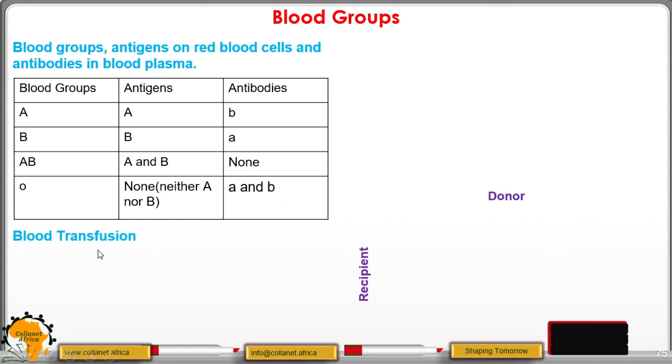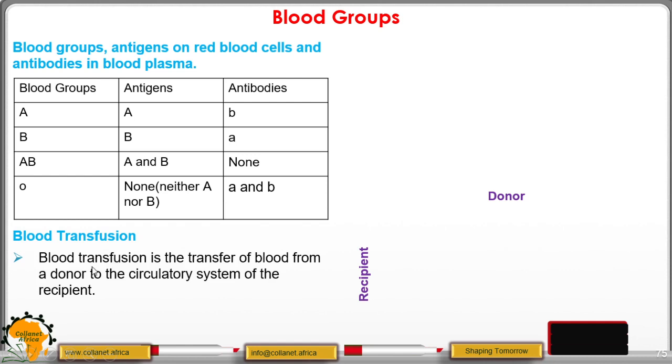We want to look at blood transfusion. So this is the transfer of blood from the donor to the circulatory system of the recipient.